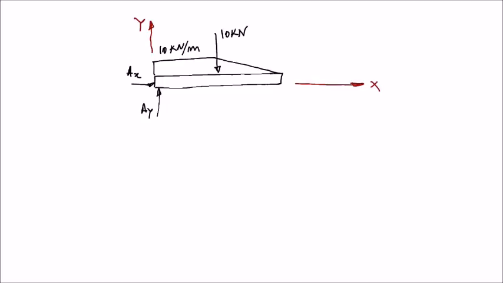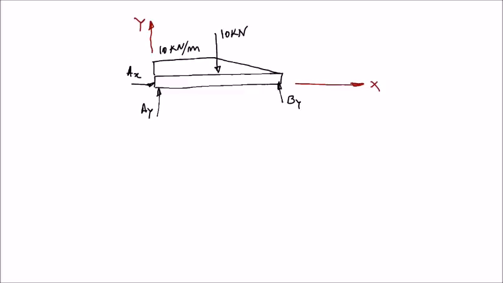These two reactions constrain the movement in the horizontal and in the vertical direction. The rotation about point A is possible, so there is no moment reaction. Now at point B, we have a simple support, so we have only a vertical reaction that I will call By.